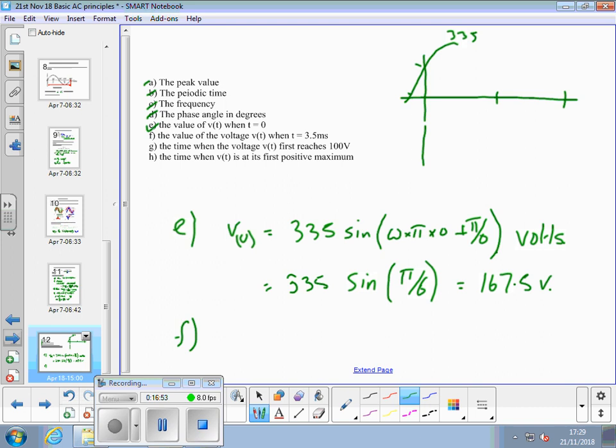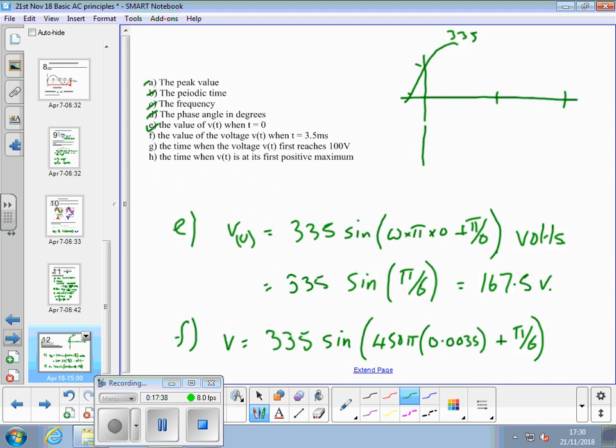So all we've got to do is V is equal to 335 sine omega, which is like 450 pi times 0.0035 plus pi over 6, close brackets.